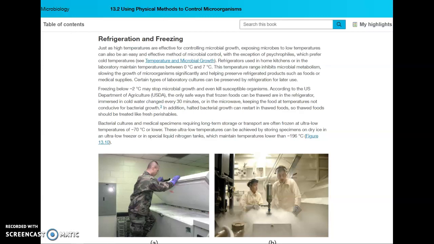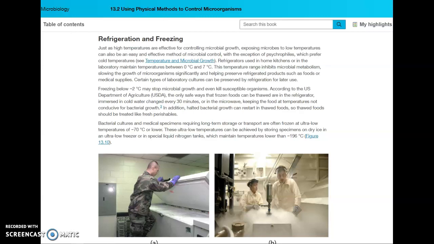Freezing can stop microbial growth and may even kill susceptible organisms. And this would be below 2 degrees Celsius. So we're actually at a point below the freezing point. The bacterial growth that is slowed down or stopped during freezing can pick back up in thawed foods.